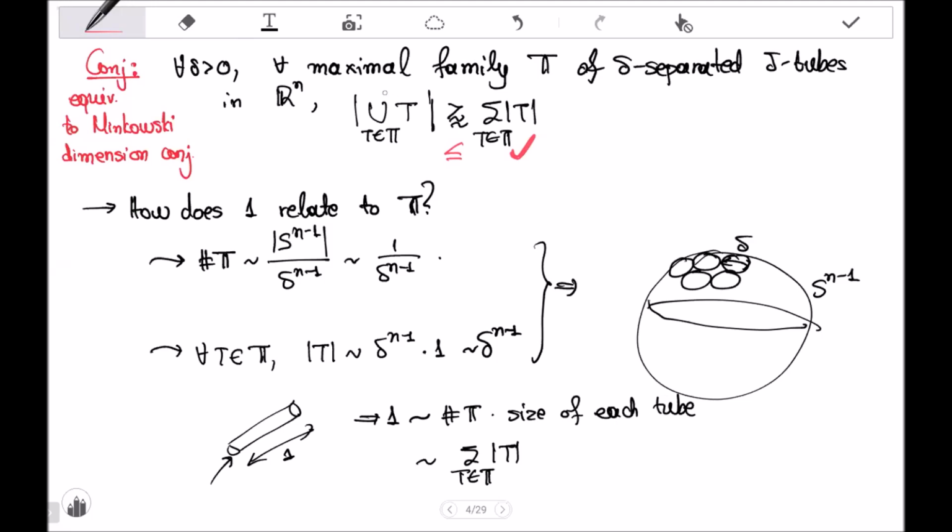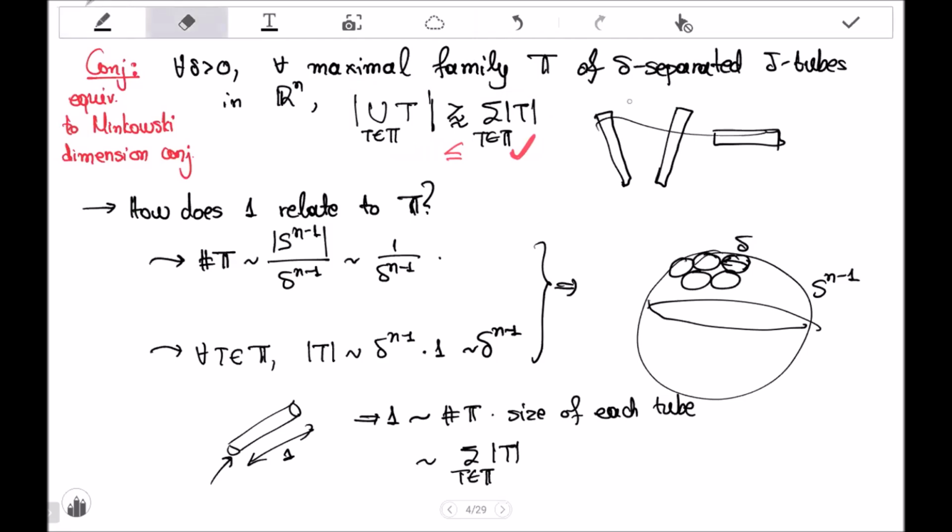We want to show that these two quantities are comparable up to log losses. In other words, we want to show that the cubes behave as if they are disjoint in some sense. So if the cubes were actually disjoint, then their union would have exactly this size. That would be the largest possible size the union could have. We want to show that even though they overlap, the union still is pretty much that big.